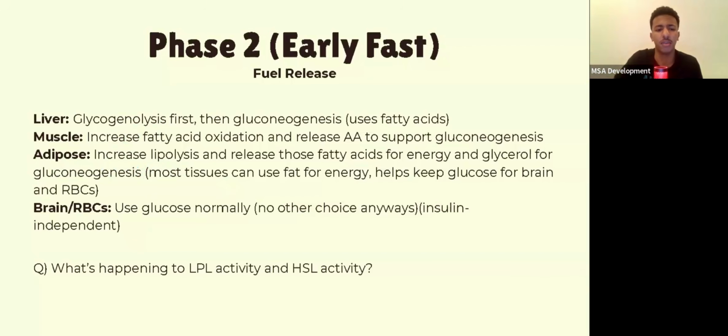It's breaking down fats. So clearly, we're shifting from insulin to glucagon. And so again, what's happening to LPL activity and HSL activity? LPL activity is actually going to decrease and HSL activity is going to increase because again, we're mobilizing those fatty acids. We're not storing them anymore.